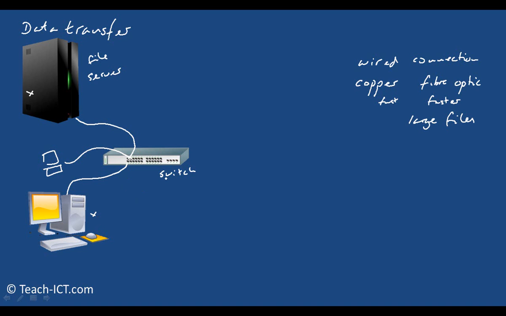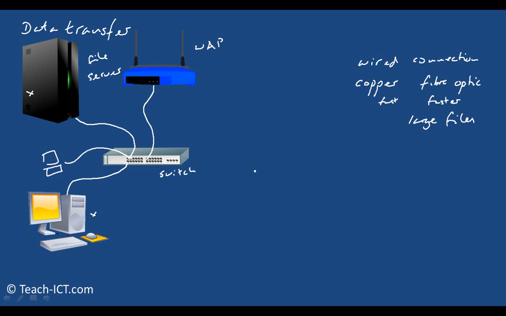The thing is that wired connections are not the only way in which you can connect to your school's network. Many of you will have smartphones and laptops and netbooks that you use in school. And the question is, well, how do they connect? Well, they connect because cabled in to the switch will be what we refer to as a WAP, a wireless access point.